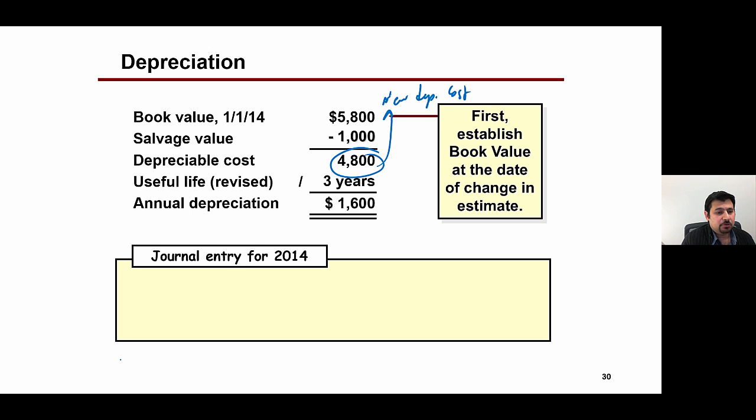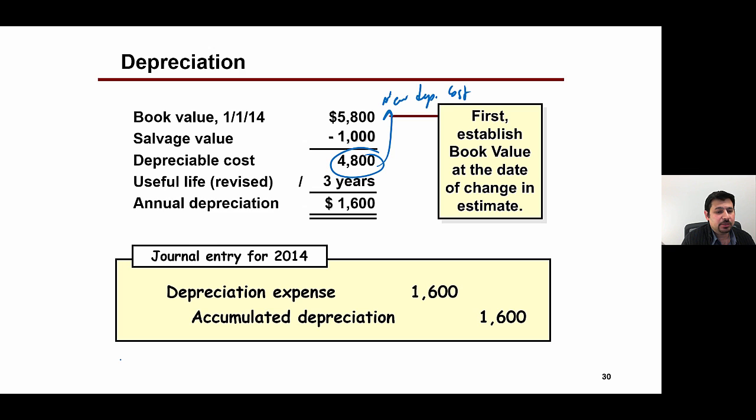The new journal entry that will be done at the end of 2014 will be to debit depreciation expense 1600 and credit accumulated depreciation 1600.